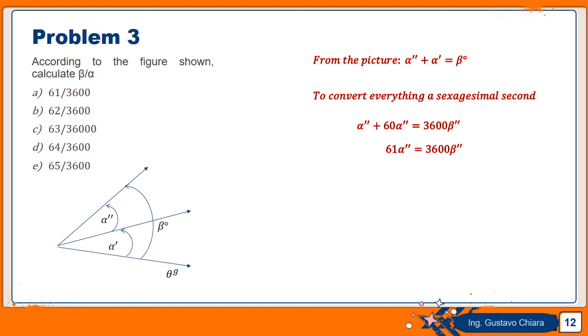We divide by alpha on the other side and have that beta divided by alpha is equal to 61 divided by 3600. So the answer is the letter A.